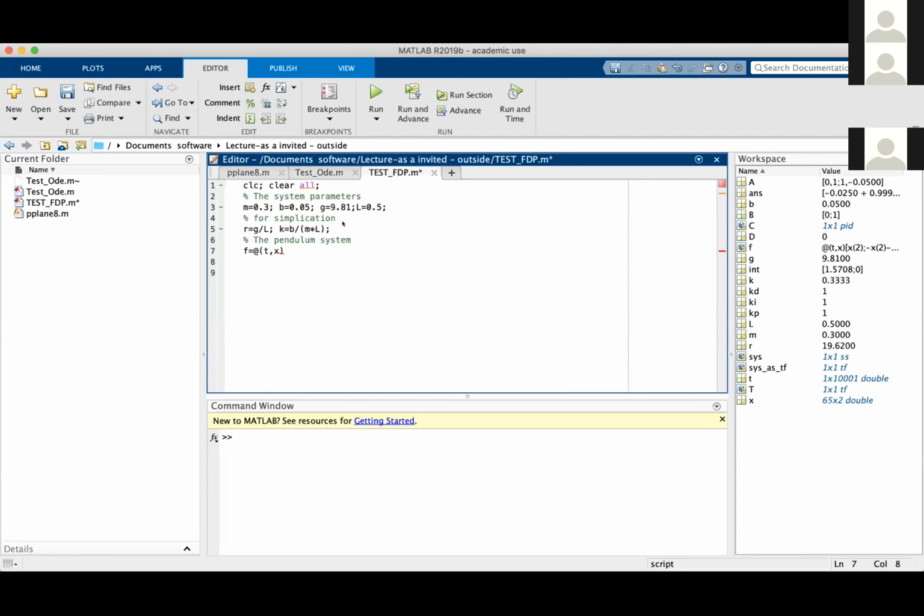So I have x1 dot equal to x2, and x2 dot equal to minus k into x2 minus r sine of x1.